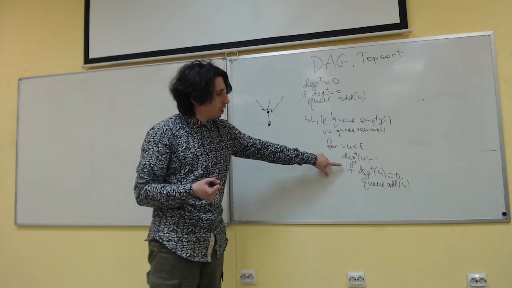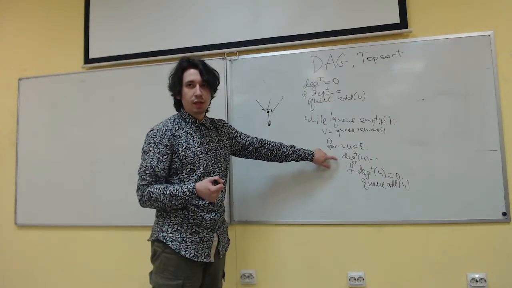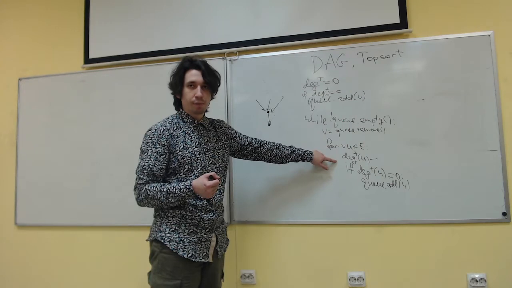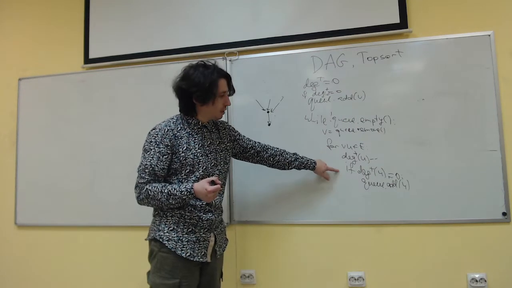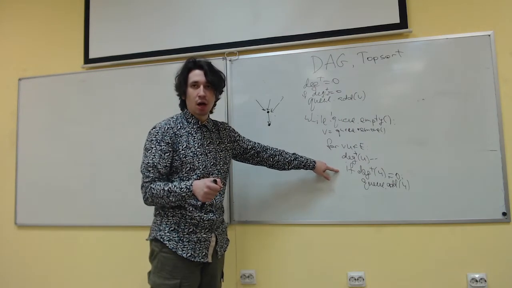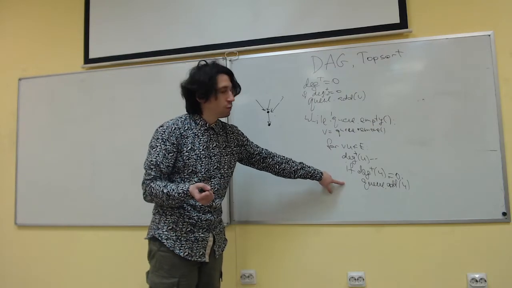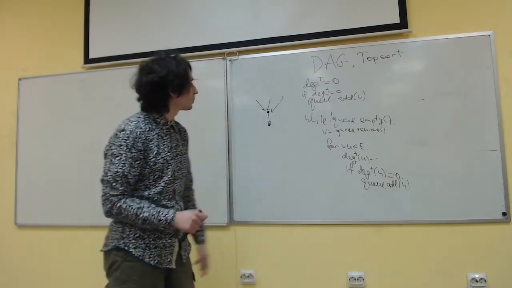This means that we decrease the in-degree of each neighbor by 1. And if it becomes 0, then it is our time to process it, and we can add it here.